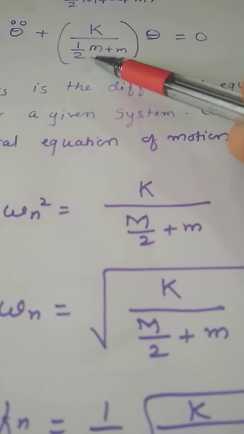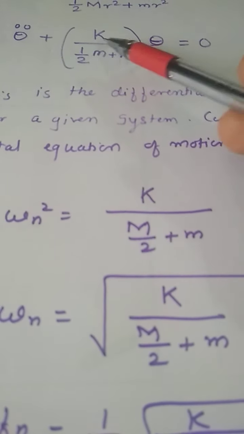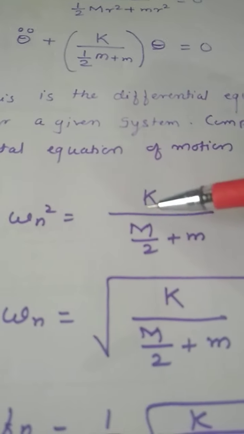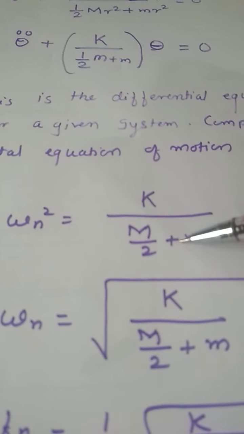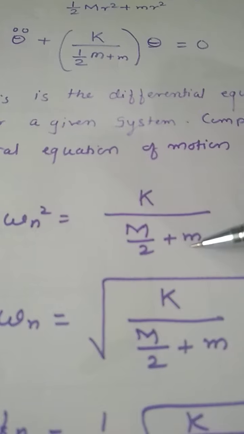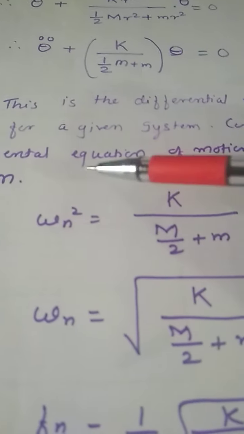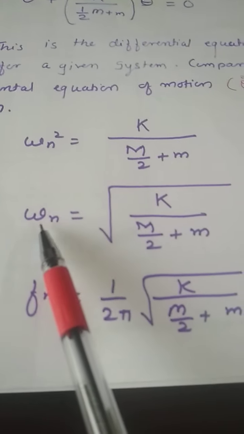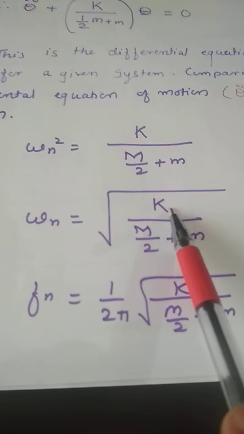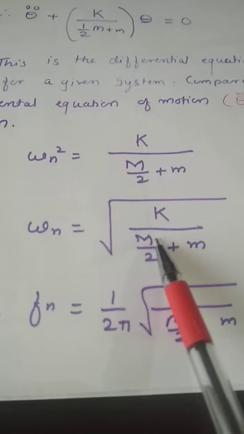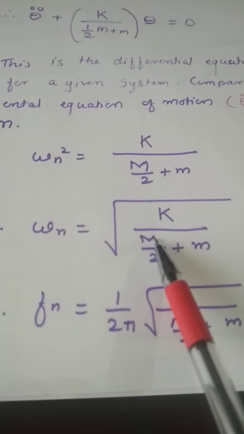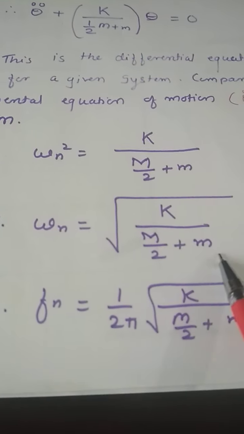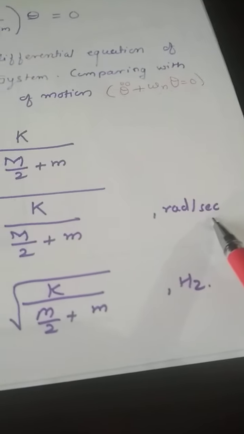Here this term is considered as omega n square. Take the square root. So omega n will be equal to square root of k divided by (M by 2 plus small m), and that will be in radians per second.